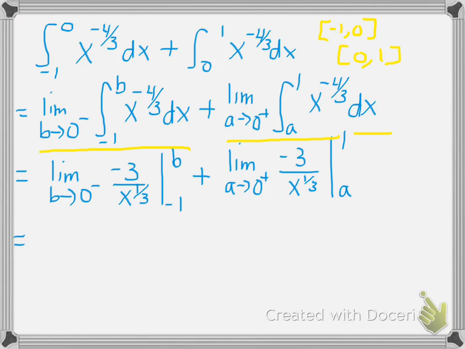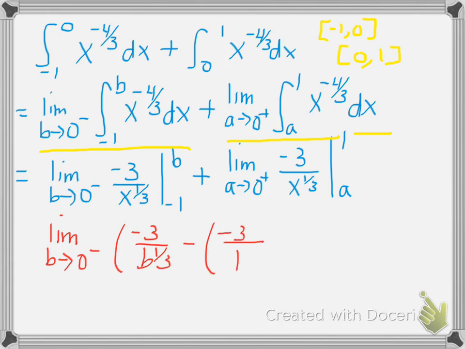Okay. And so this is equal to the limit. So I'm just going to take this first one, and maybe I should take the equal sign off, because I just want to evaluate that first part. The limit as b approaches 0 from the left of -3 over b to the 1/3 minus -3 over 1 to the 1/3.